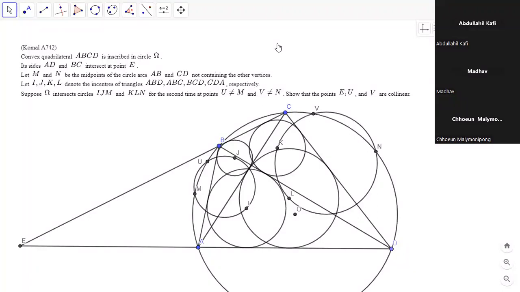You just calculate the angles and they're all 90? Okay. All right.